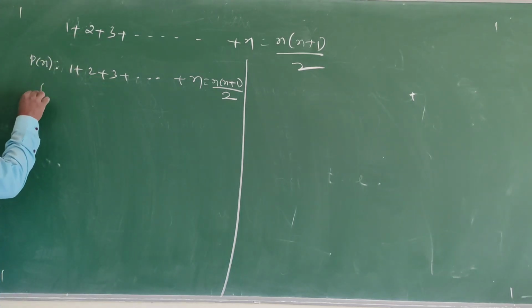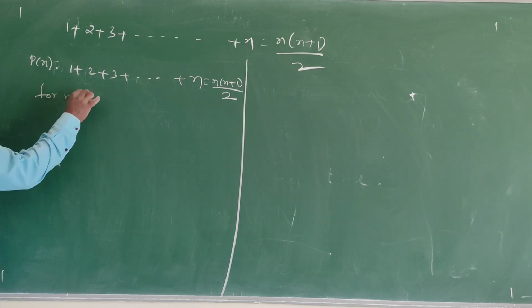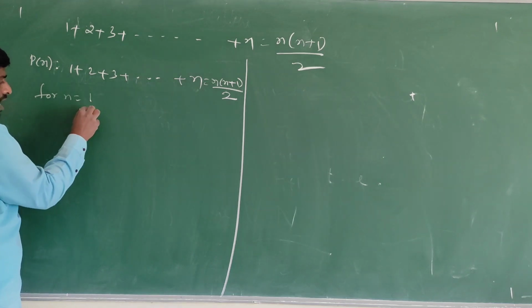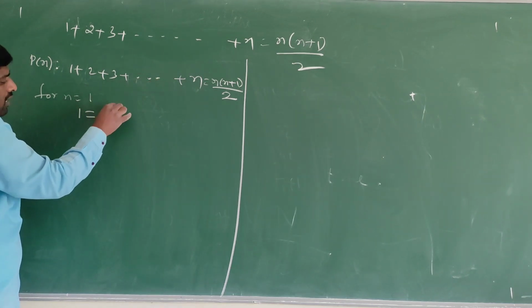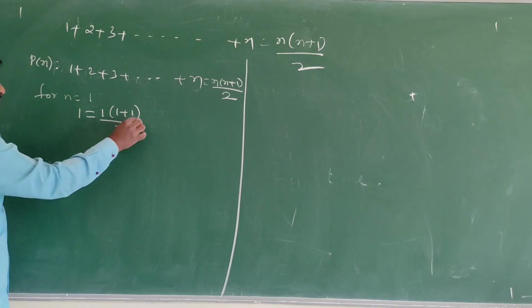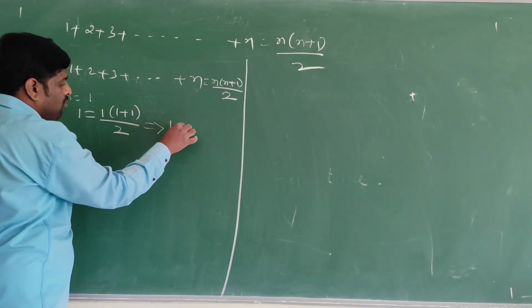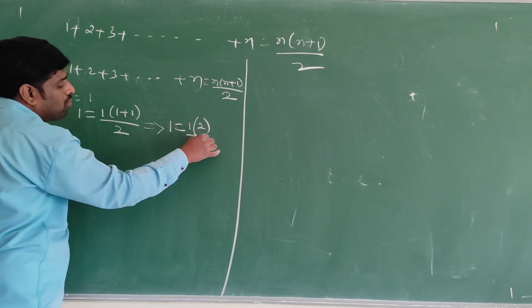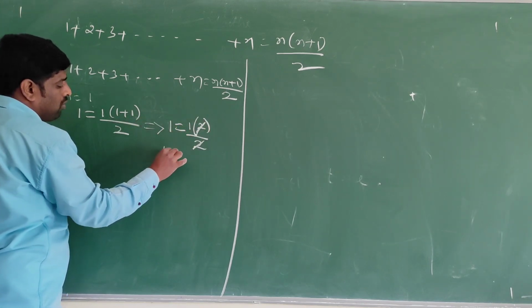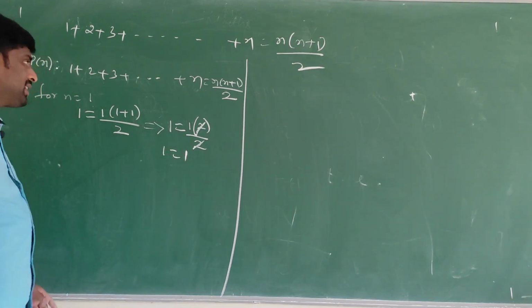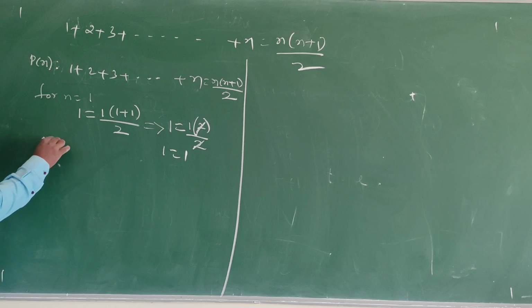Now for step 1, for n is equal to 1, wherever n is there, 1 is equal to 1 into 1 plus 1 divided by 2. This implies 1 is equal to 1 into 1 plus 1, that is 2, divided by 2, 2 cancels. Therefore, LHS equals RHS. P of 1 is true.